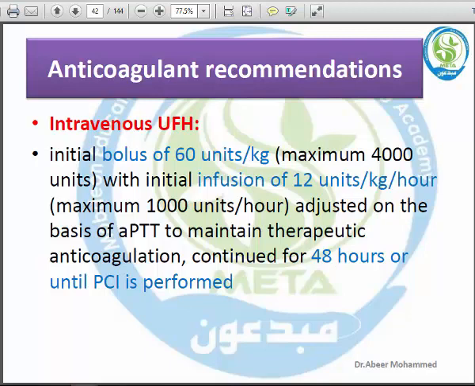We must memorize this dose, a bolus of 60 units per kg, maximum 4,000 units. This is the bolus, and then a continuous infusion of 12 units per kg per hour, adjusted according to the APTT, continued for 48 hours or until PCI is performed. The dose is important; cases always come with the dose, so the dose of unfractionated heparin is important.